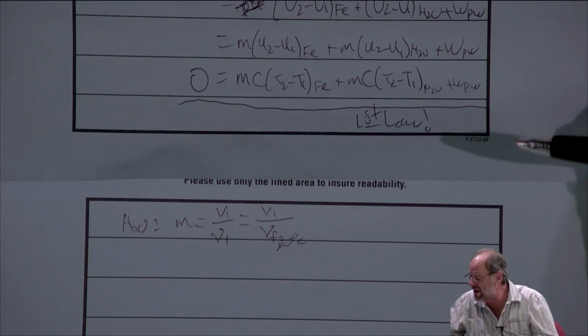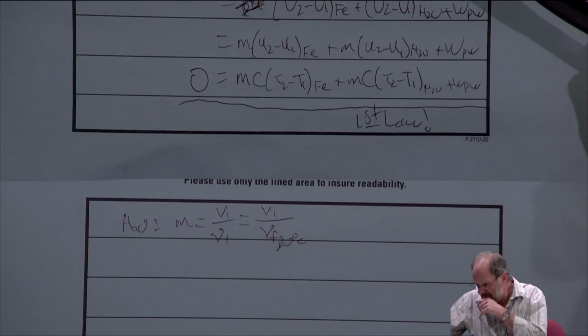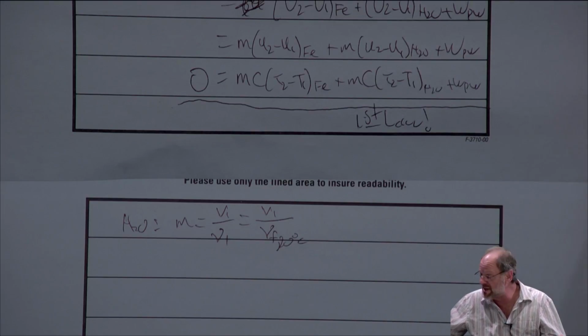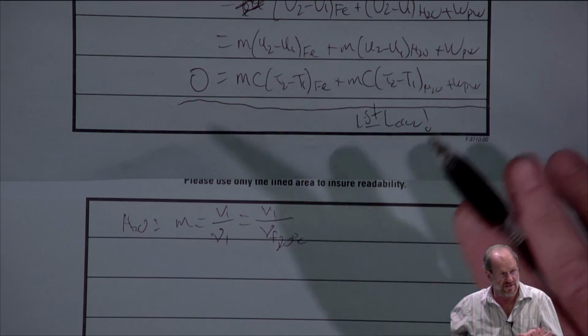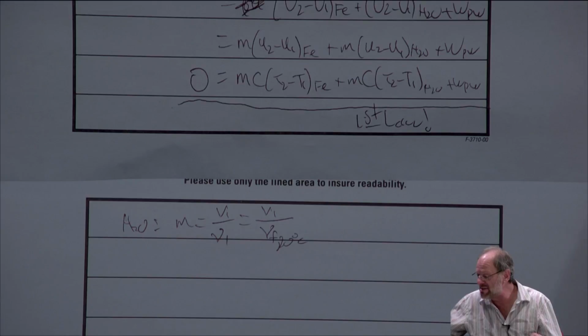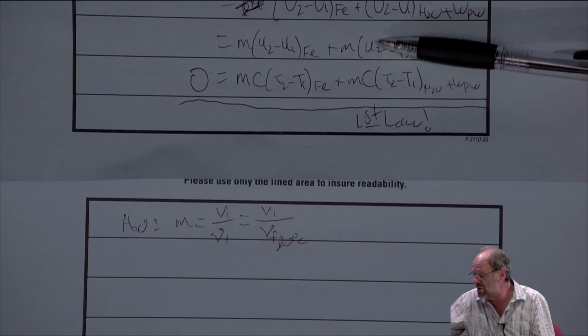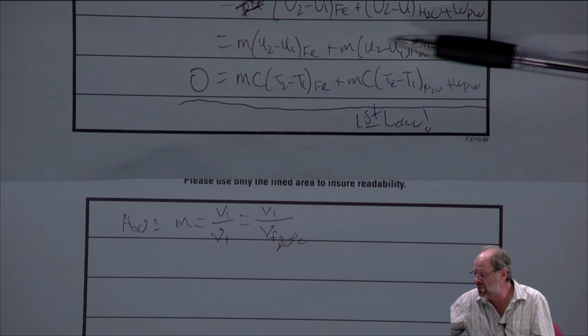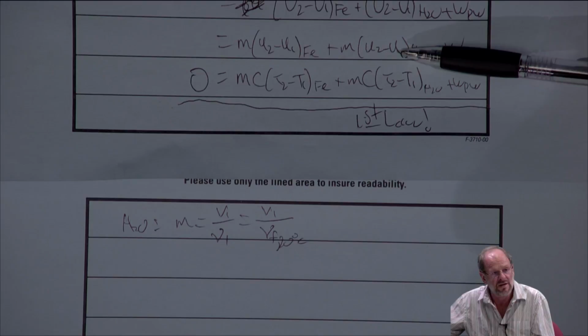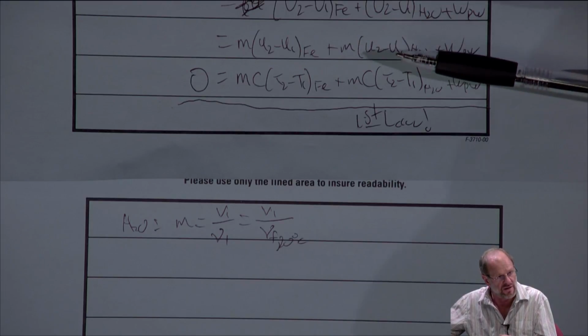Now I do have to make one comment here as well. I made the statement, in fact I made it many times, that if you have water, then you always want to be using the tables, right? Table A4, A5, A6. And you could do that. I mean, you certainly could go into the property tables and just use uf at T2 and uf at T1, and that would be a little more accurate.